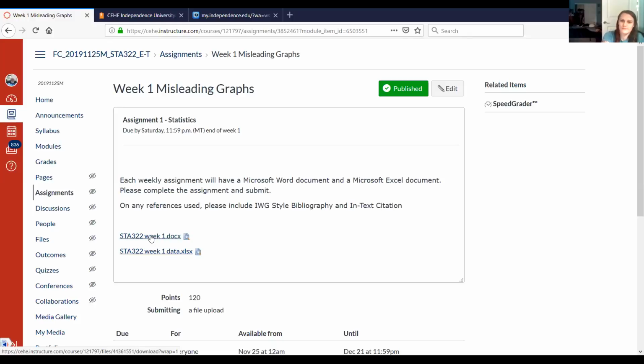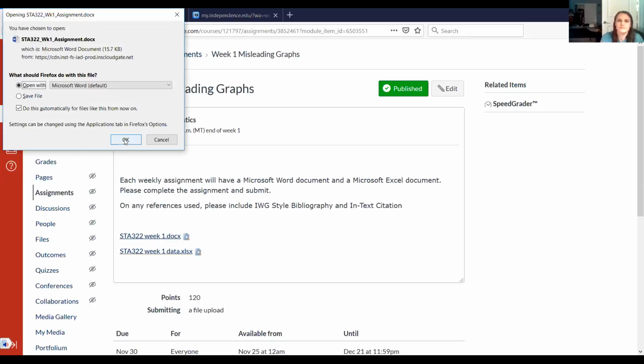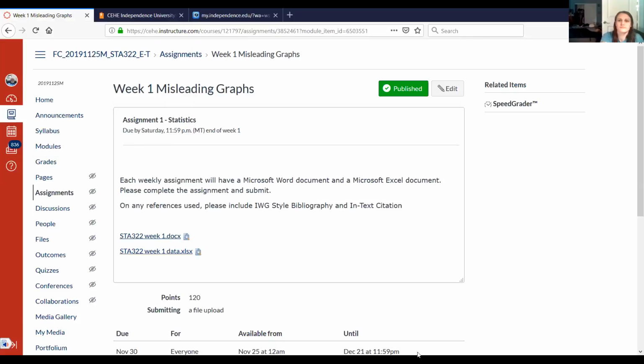And let's pull up the first one. If I do that, it ought to come up. There we go.